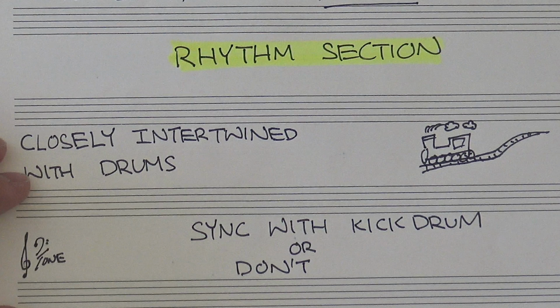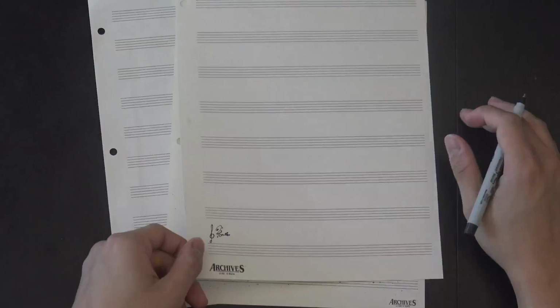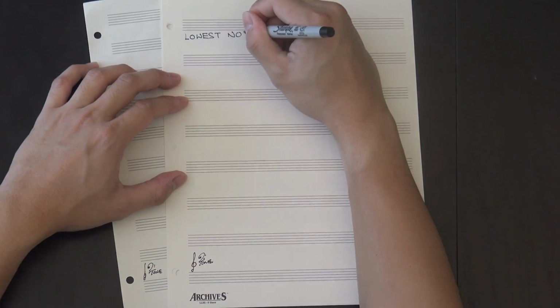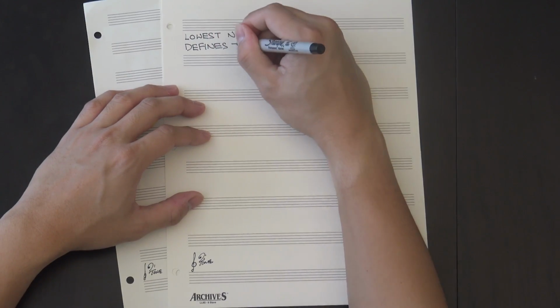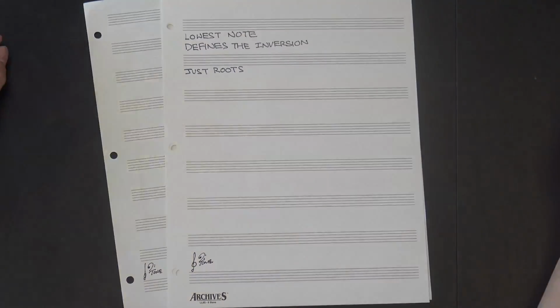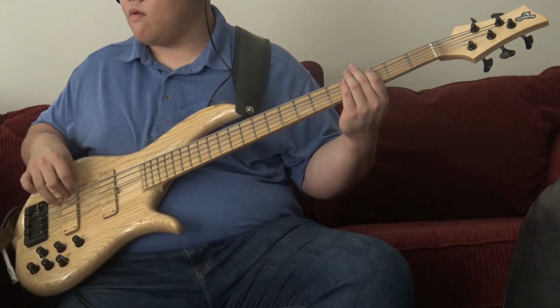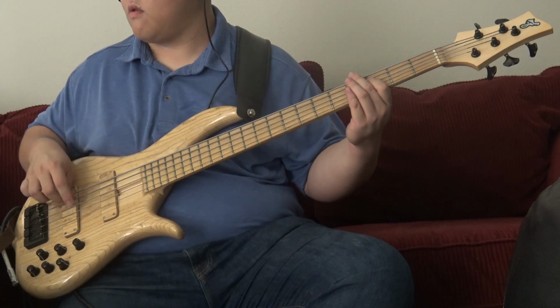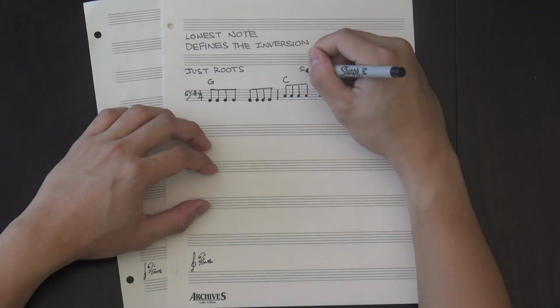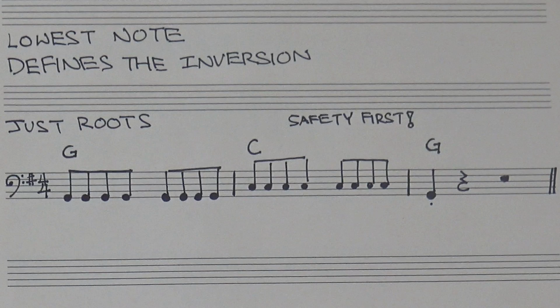Now, when picking notes for a bass part, keep in mind that this will almost always be the lowest note in the arrangement, meaning that whatever note the bassist plays defines the inversion. As such, it's pretty common to just have them hammer out the current chord's root. This is a simple, safe approach, but if you don't need anything more complicated, it's often best to stick with it.